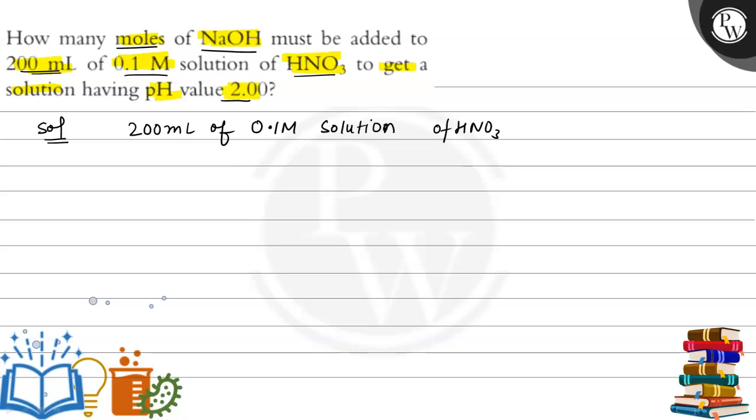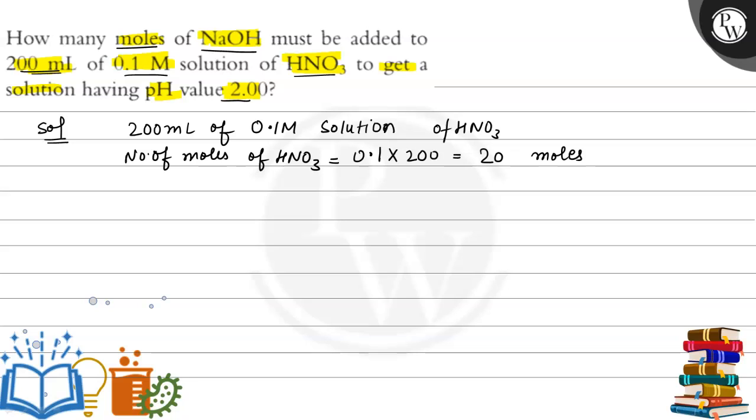It means that the number of moles of HNO3 will be equal to 0.1 multiplied by 200, so it will be equal to 20 moles. So firstly, what did we find? We simply found the number of moles of HNO3, that is 20 moles. Now we have to get the solution having pH value 2.